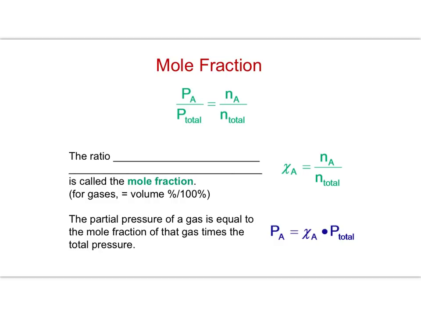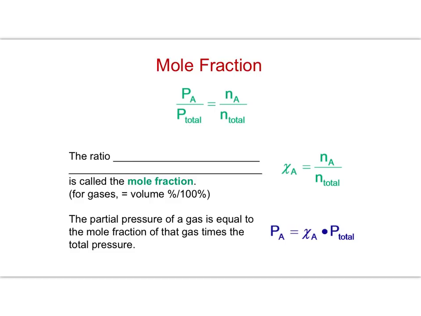Talked about a little bit earlier, calculating partial pressures. If you know the mole fraction of a component in a gas mixture, you can calculate the partial pressure of that component.